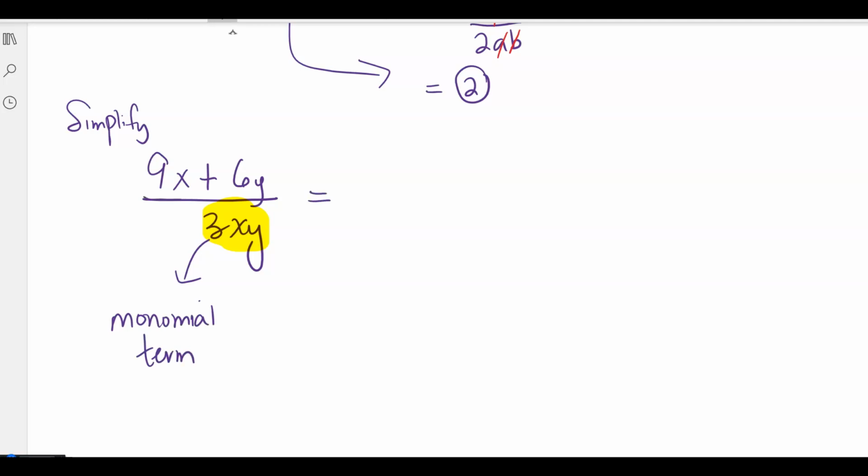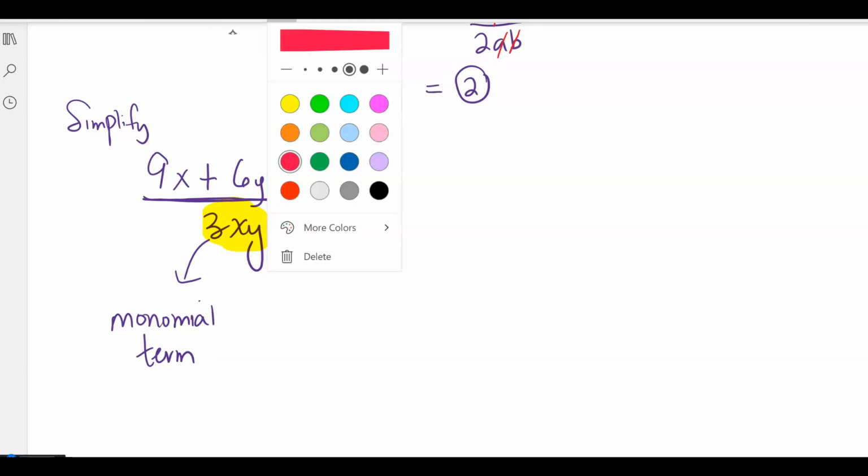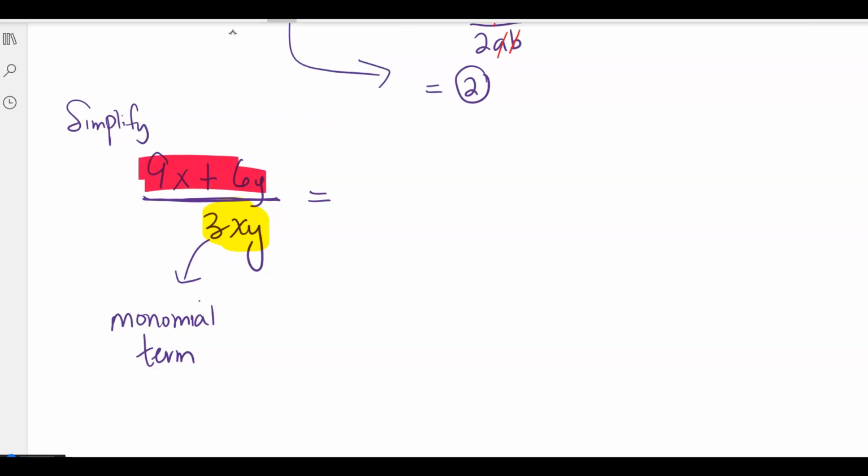You are dividing each term in the numerator. Each term up here needs to be divided by 3xy. You can't divide 9x by 3xy and not also divide 6y by 3xy.